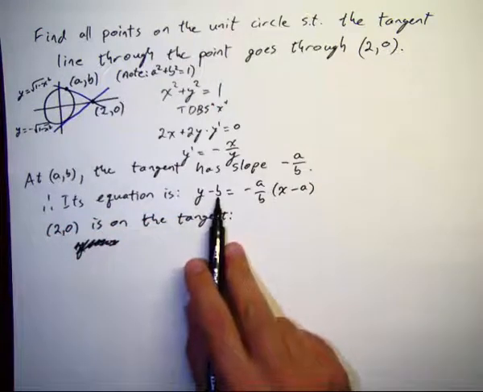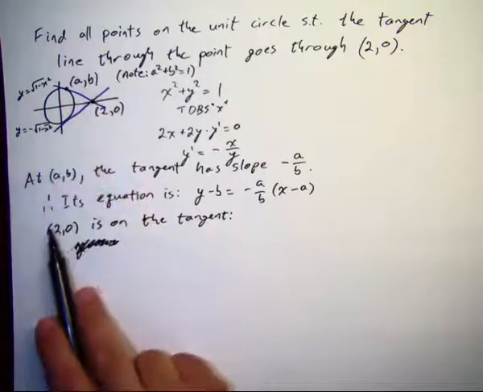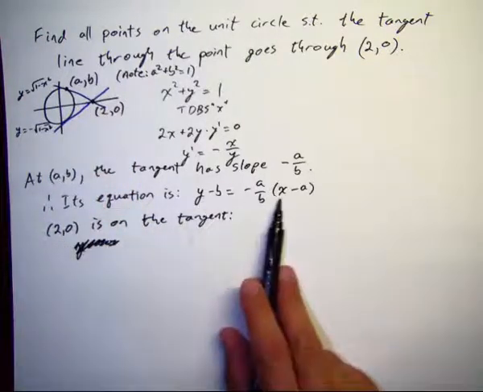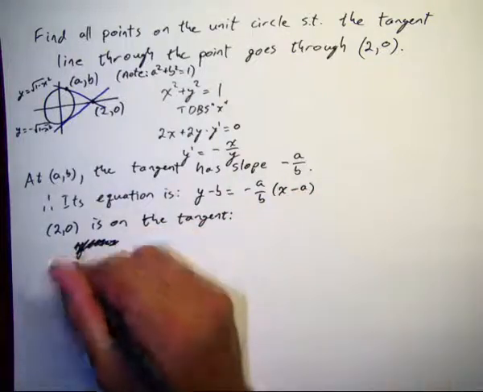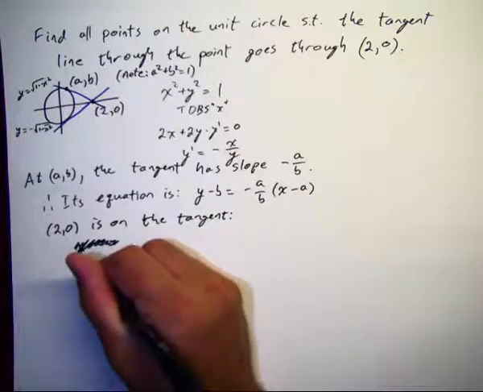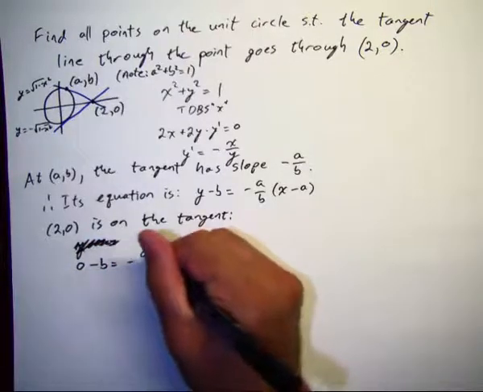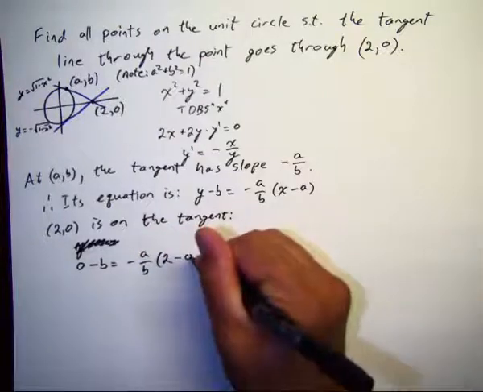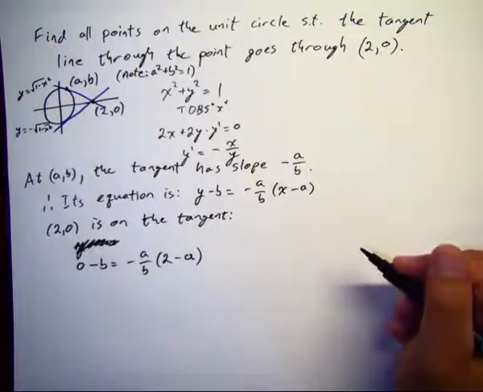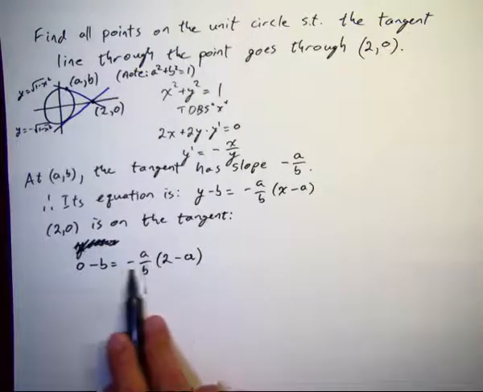All of a sudden I put b is equal to 0, but I'm not allowed to play around with a and b. (2, 0) are points on the line. They're the x and the y coordinates. So let's fix that. Let's make it 0 minus b is equal to negative a over b times 2 minus a. And now we can bash this out and see what happens.